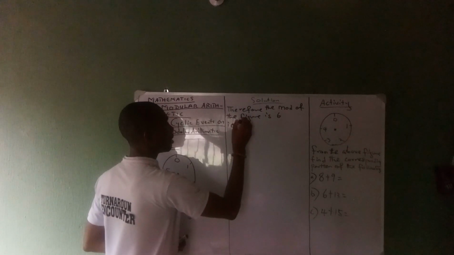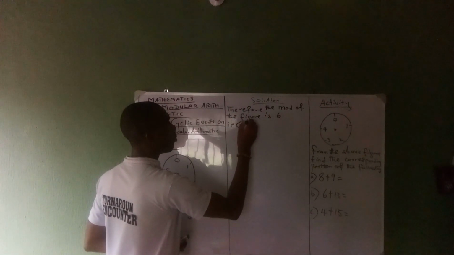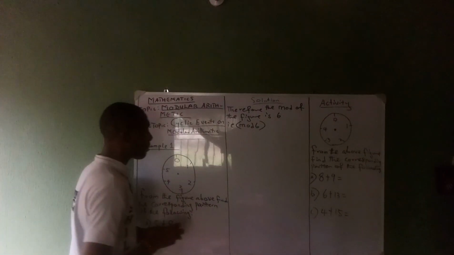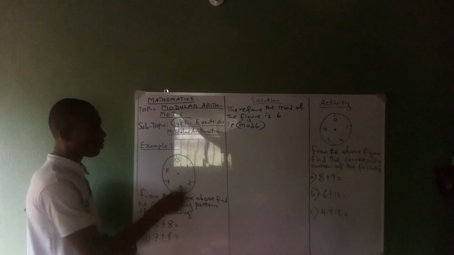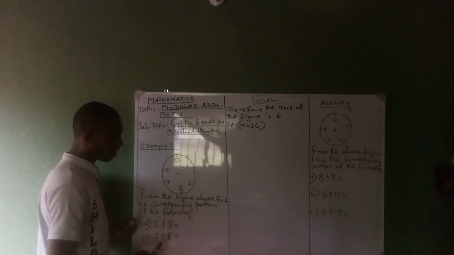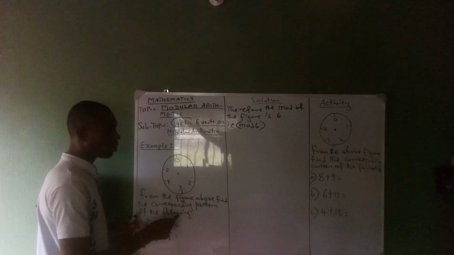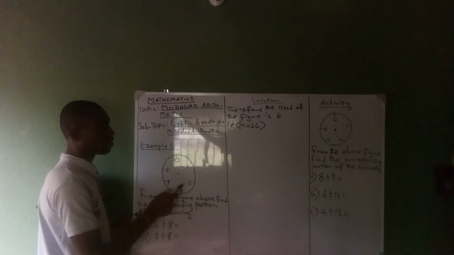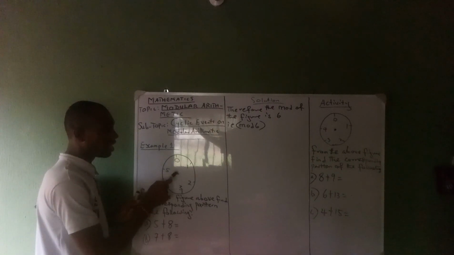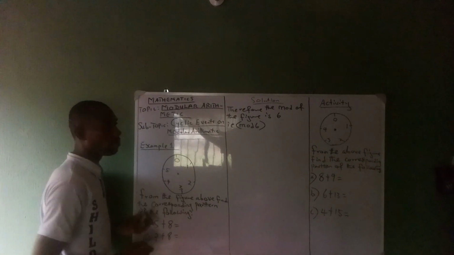That is, the figure is in mode 6. So the arrangement pattern of this cyclic figure is in mode 6. That is to say, whatever we are solving in A and B must correspond with a pattern in this figure in such a way that whatever we have as our answer will not exceed any of the numbers in this figure.